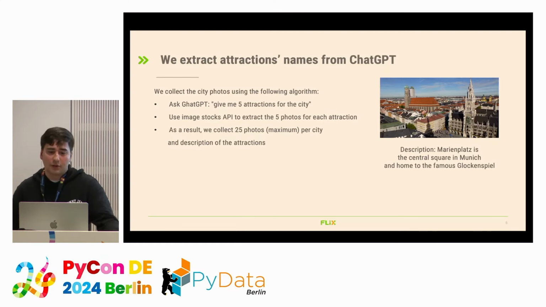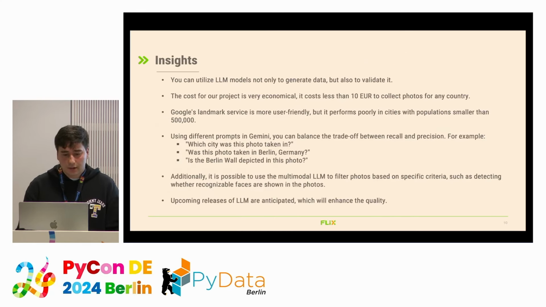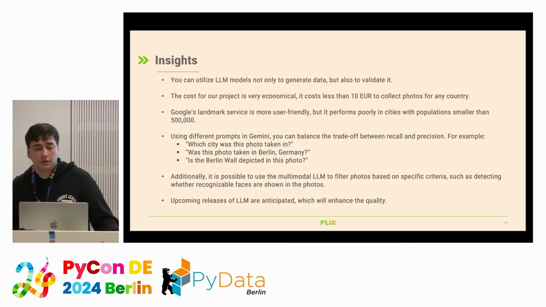So the prompt for ChatGPT is very easy. Like, give me an attraction for, you just need to specify Berlin or whatever city. And for Gemini, as I said, that's the most important workaround with the prompts.